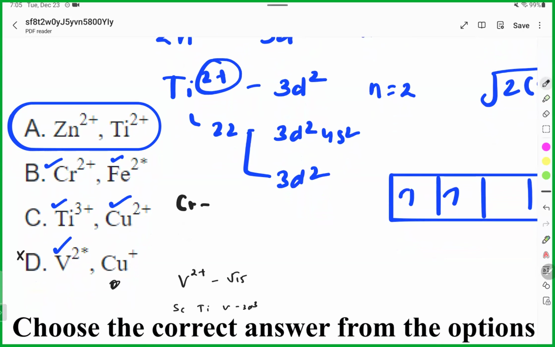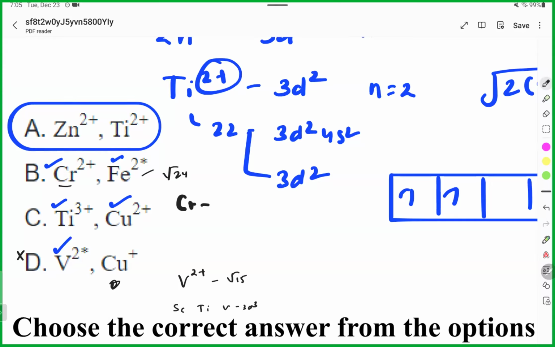Yes, sir. Fe2+ will be 4.8 something. Doesn't matter, like you are getting 24 under root 24. Yes sir, so Fe2 positive, 3d6, so 4 unpaired electrons. 4 into 6, yes, correct.